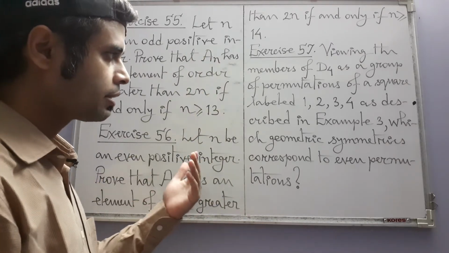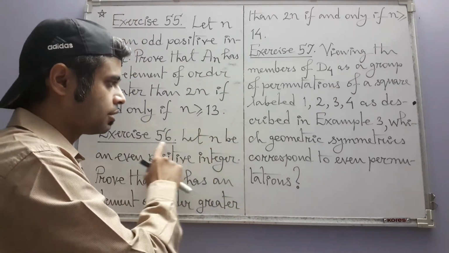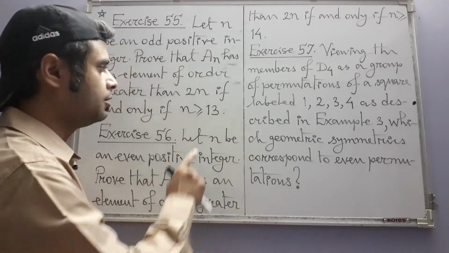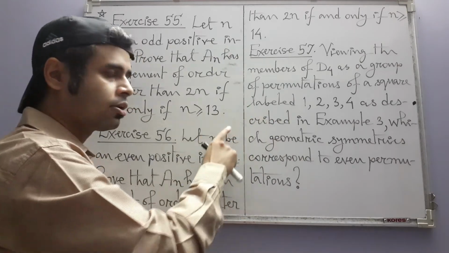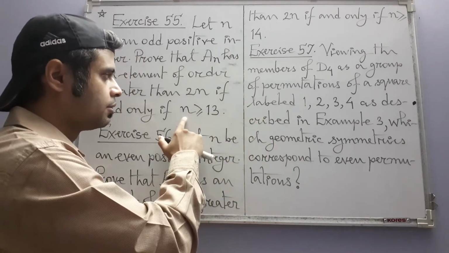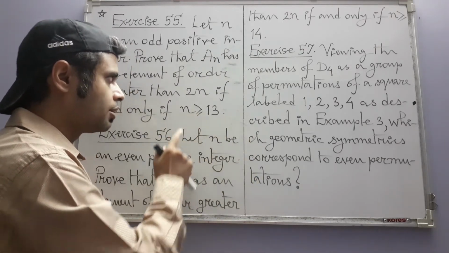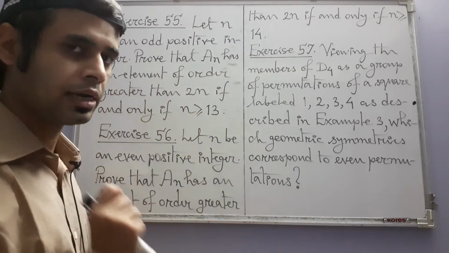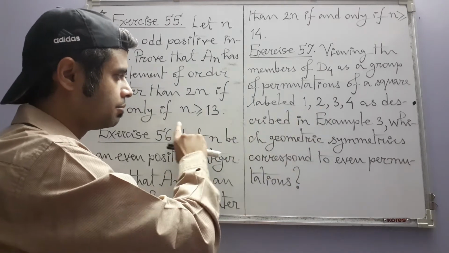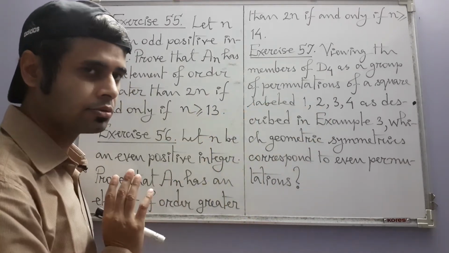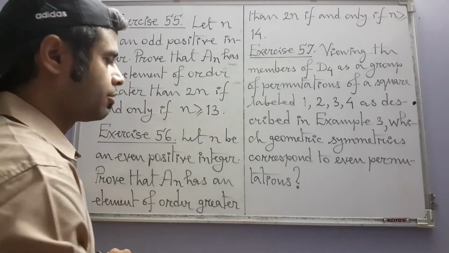Looking at the cycle structures of the elements, we figure out the possible orders, and we will see that for the odd n's less than 13, we never encounter an order greater than 2n for that particular value of n, proving that those cases can be ruled out. But then you consider n to be greater than or equal to 13.